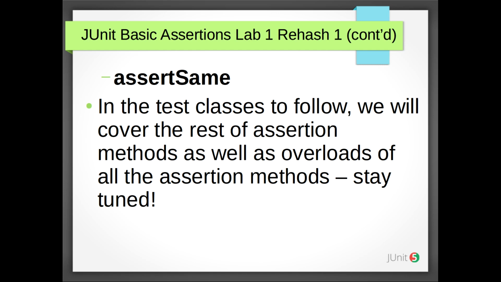In the test classes to follow, we will cover the rest of assertions methods from the assertions class, as well as overloads of all the assertions methods. So stay tuned.